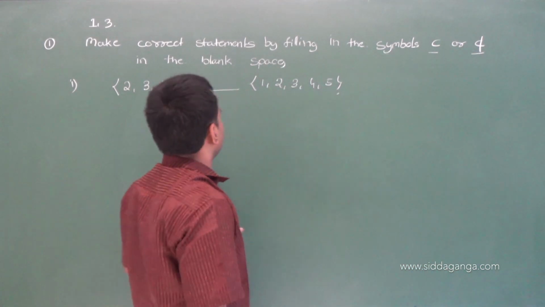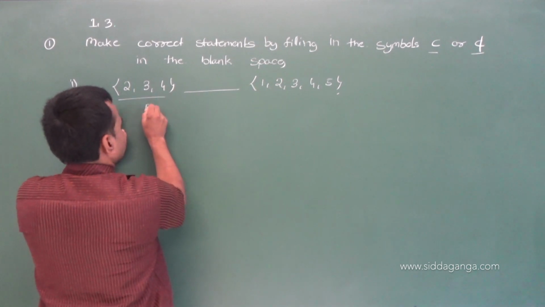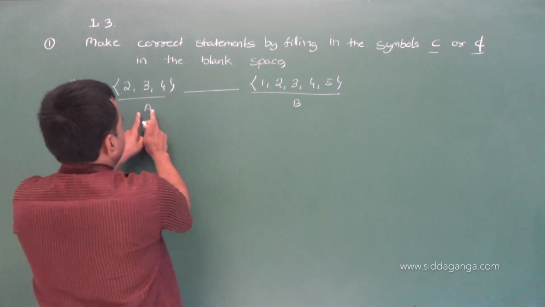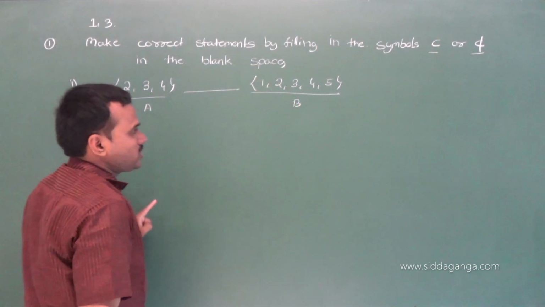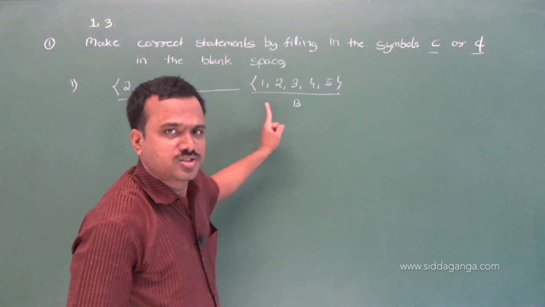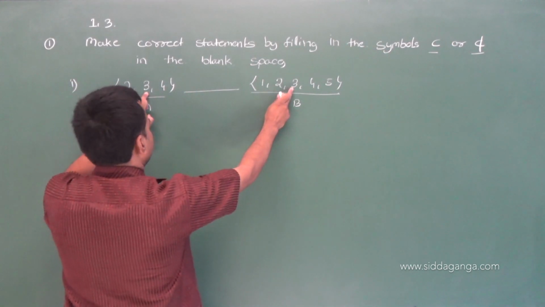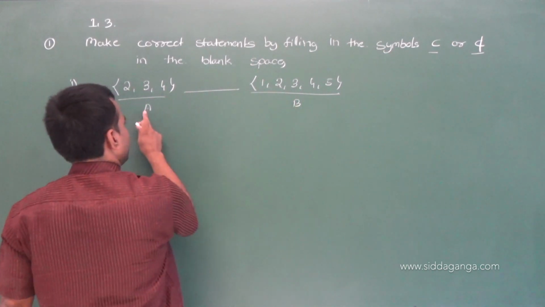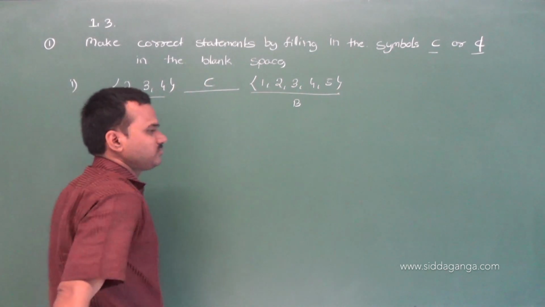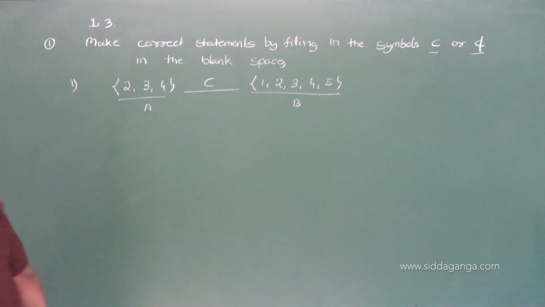Observe here, this set I call A, and this set I call B. We check that all the elements are present. If A is a subset of B, all the elements present in A are also present in B. 2 is present, yes. 3 is present, yes. 4 is present, yes. No doubt, A is a subset of B. Here we fill subset. Understand?